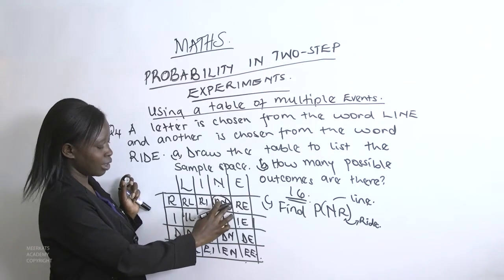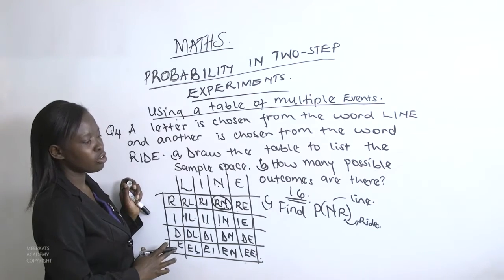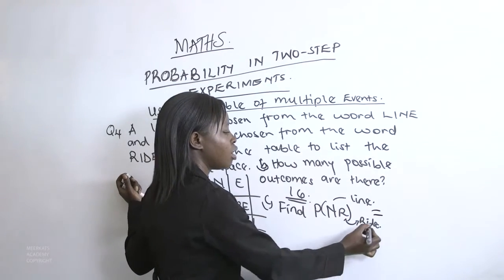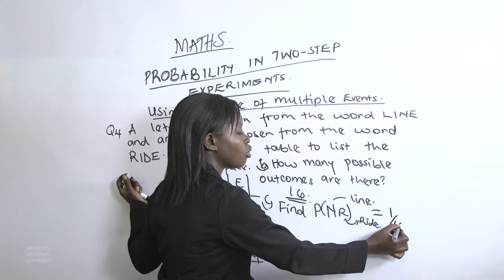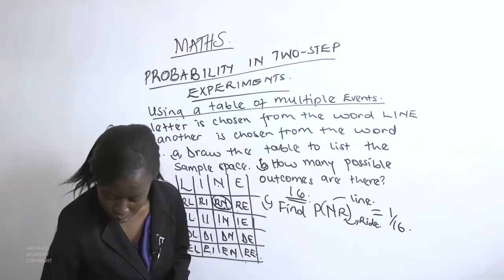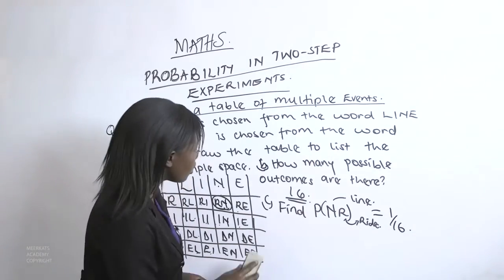So we are only having one outcome out of all the outcomes we have. So the probability of choosing NR will simply be 1 out of 16. Part D of the question.